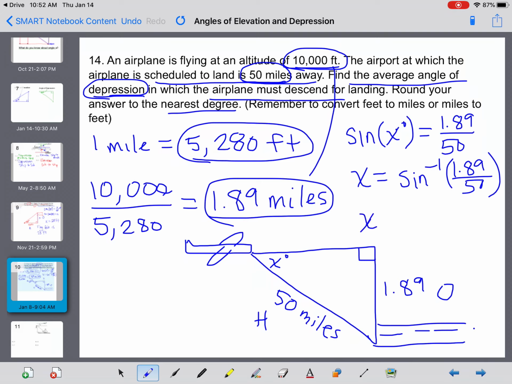And I get 2.16 degrees. And it said to round it to the nearest degree, so we would say 2 degrees. So that's a really low angle to be able to land that plane.